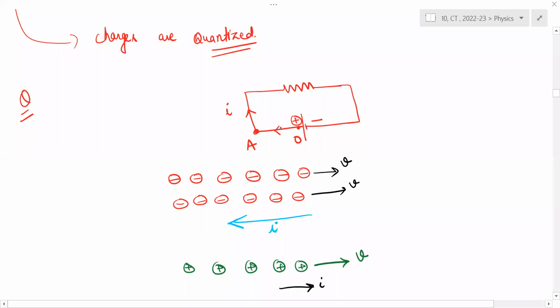So if current is moving in this direction, the electrons will be moving in the opposite direction. Is it clear for all of you? Any doubt?